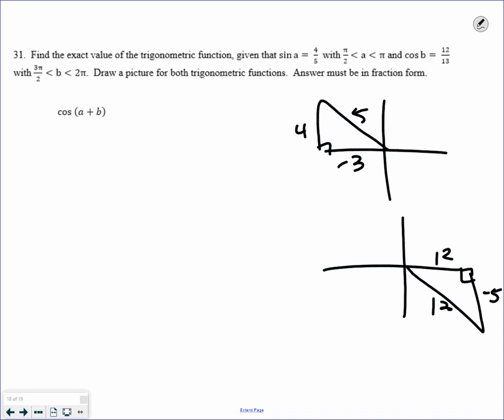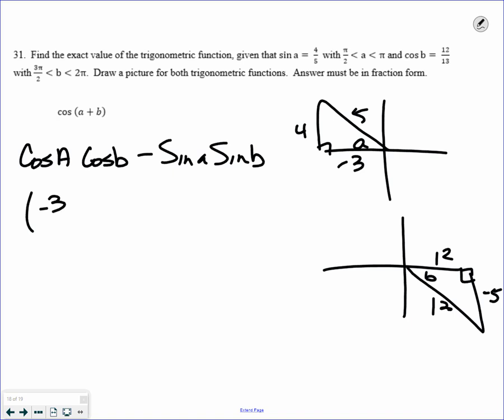Now, they want cosine of A plus B. Using our formula, it's the cosine of A, cosine of B, minus sine A, sine B. Now, the first one here, this is A, and this is B. So as I do these, I'm going to do everything for those particular pictures. Cosine, adjacent over hypotenuse.